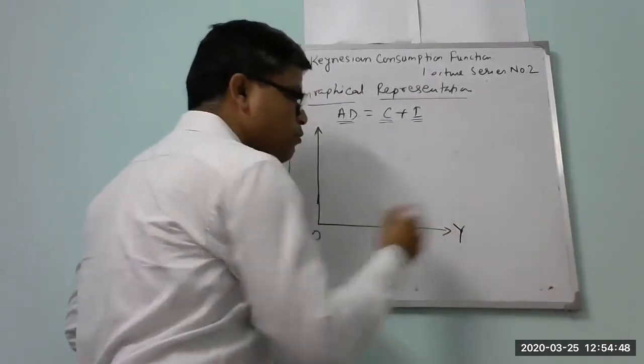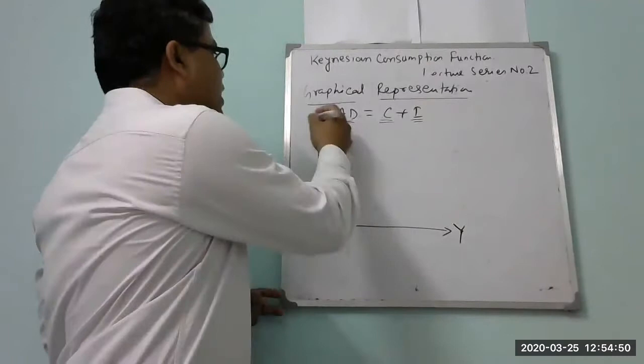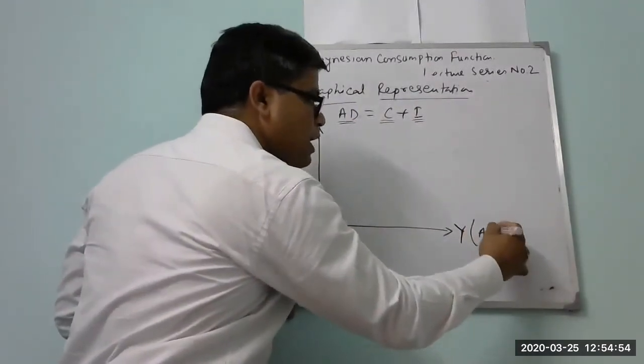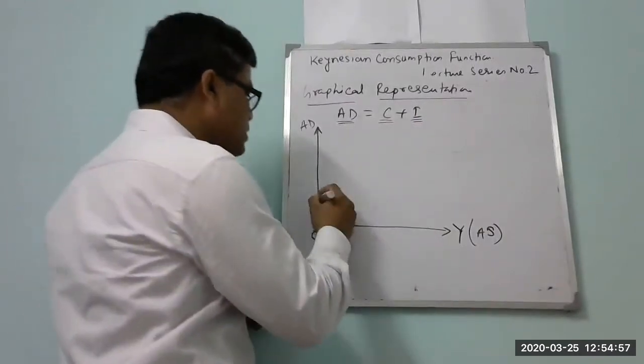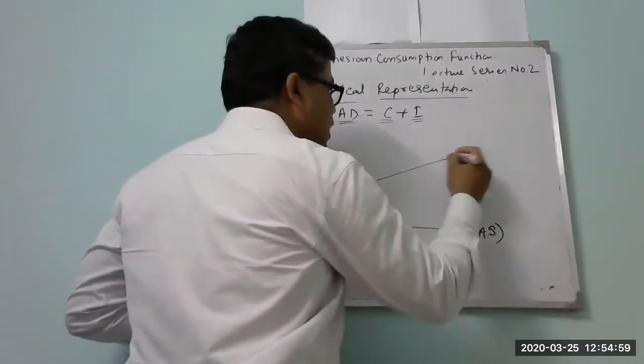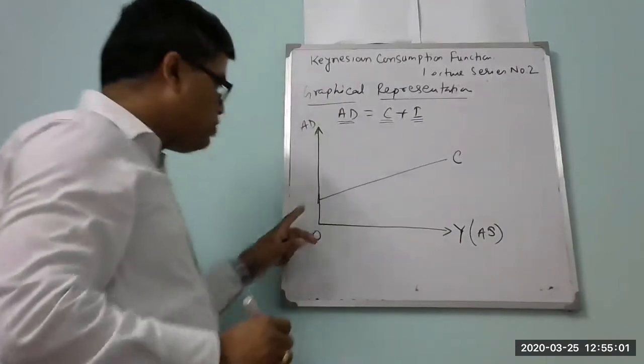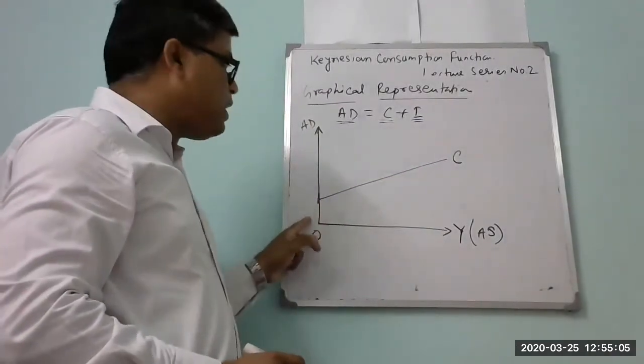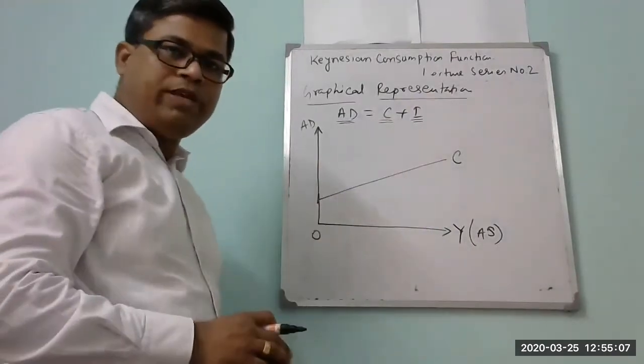Here we are considering Y, that means the national income. Here I will be drawing AD, which is nothing but the aggregate supply AS. So this is our C, which is an upward sloping straight line with positive intercept. This is A, but flatter than the 45-degree line.